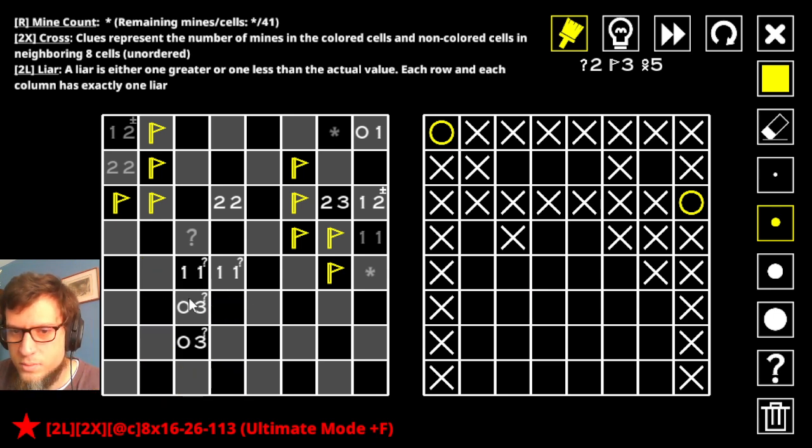But I guess the question is, like, okay, what if one of these 0-3s is lying? What about that? What can I do? The options I have are either that this turns into a 1-3, or it turns into a 0-2. It could be a 0-2 like this, but that would violate this, so no, it can't do that.